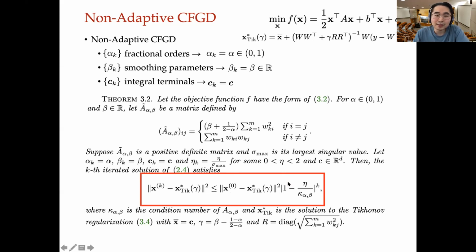This indicates that non-adaptive Caputo fractional gradient descent does not minimize our objective function, but converges to the well-known Tikhonov regularization solution with a specific regularization matrix and initial point. This initial point, the reference point x bar, becomes our integral terminal.